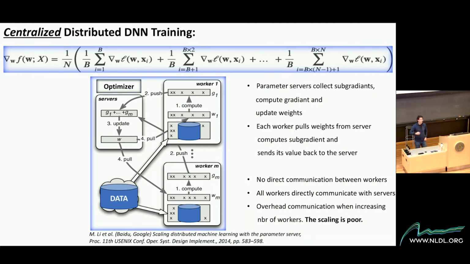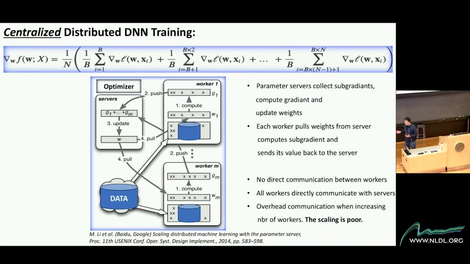Each worker will get this weight and do the computation again. So in short, in this architecture, you have the parameter server that collects all the subgradients, computes the gradient and then updates the weight. Each worker will pull the weight from the server and send the value back to the server, and so on.